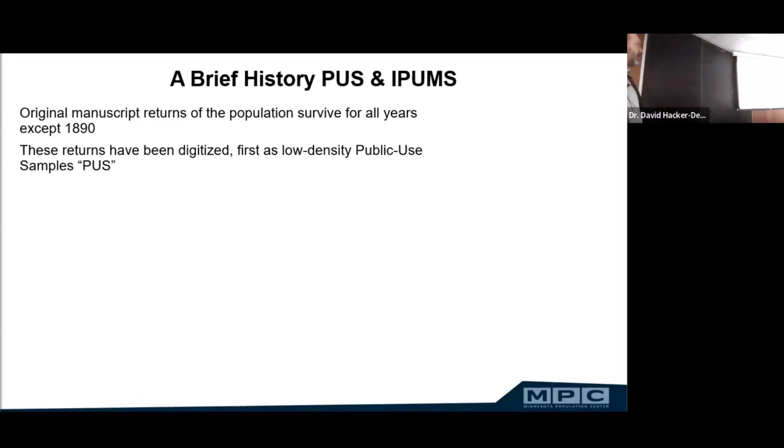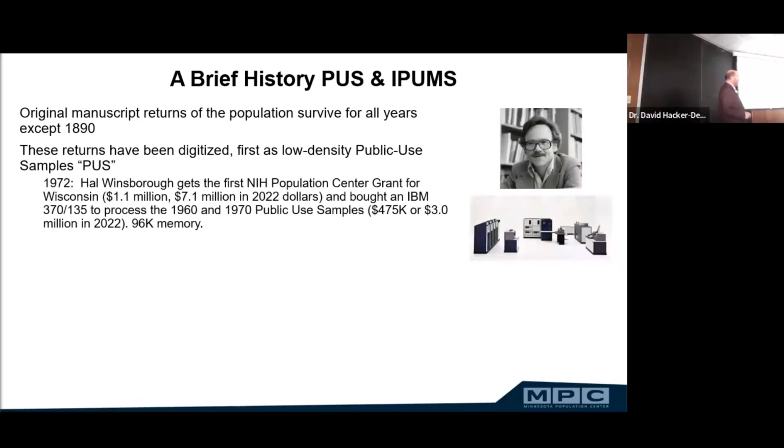But those returns have been digitized, first in what were called low sample density public use samples, PUSs. Probably many of you have already heard this. A little local history for you. The Census Bureau created the first public use sample in 1960 census, and then they did it in 1970 as well.